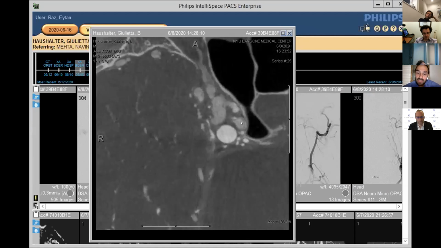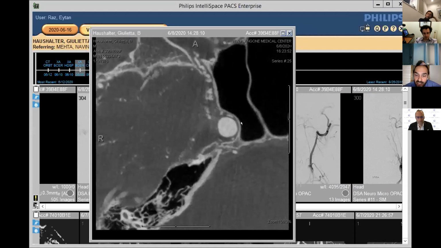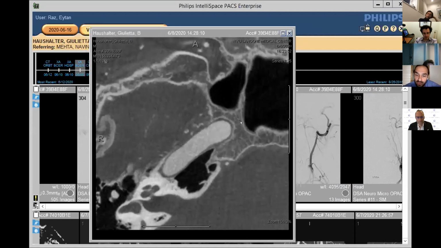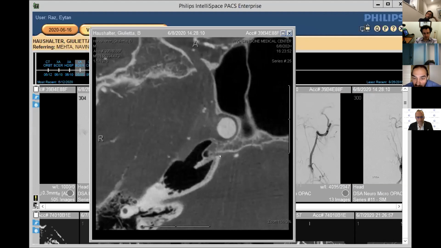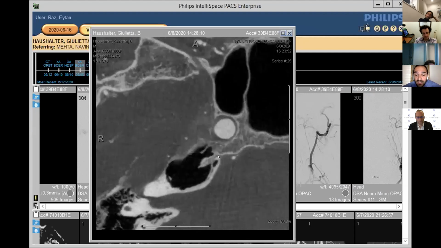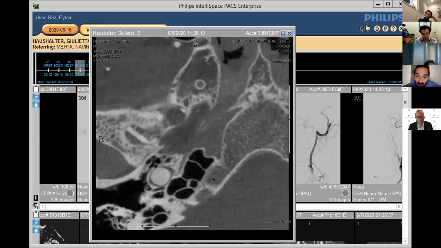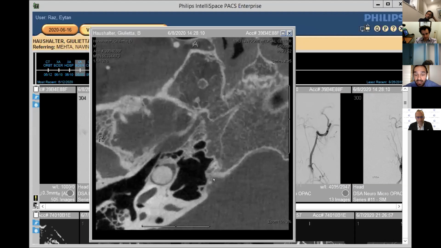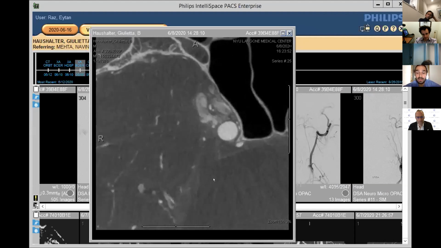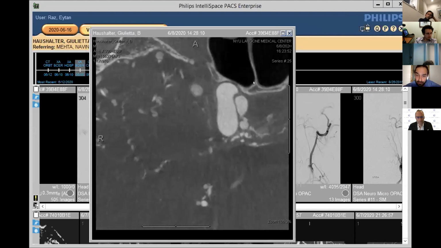Now, another important note to make, as you see, there is no opacification of the inferior petrosal sinus. If anything, we see that there was one in the past filling. We see the shape of it and the direction of it, but it's certainly not filling, and we didn't see it on any injection.